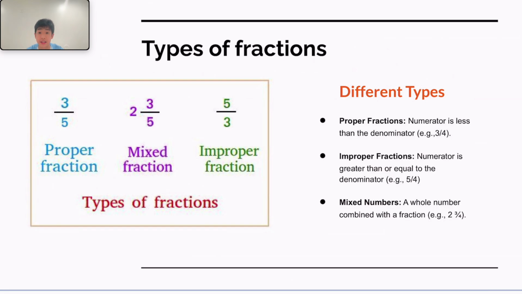As we see in this example, 2 and 3 over 5 is a mixed number. In a mixed number, we have a whole number in front of the fraction, and the numerator is less than the denominator. We will talk about how to convert this into an improper fraction in the later slides.